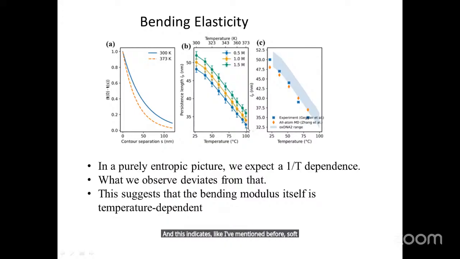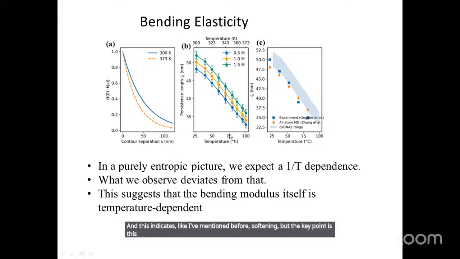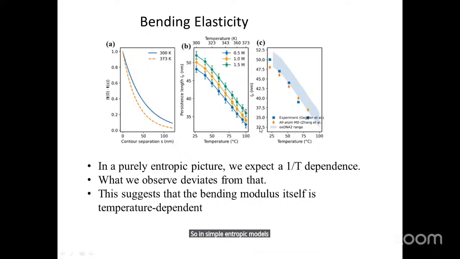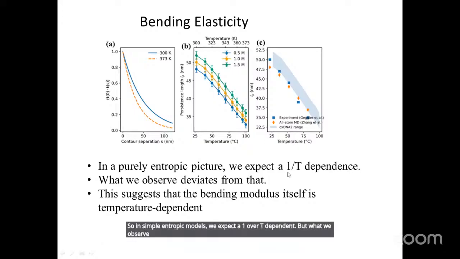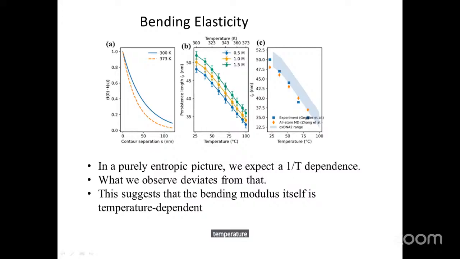But the key point is this: the decrease is stronger than what is predicted by simple entropic models. In simple entropic models, we expect a 1/T dependence, but what we observe deviates from that. This suggests that the bending modulus itself is temperature dependent.